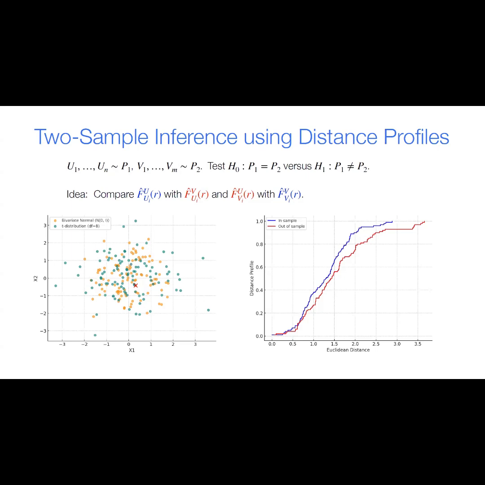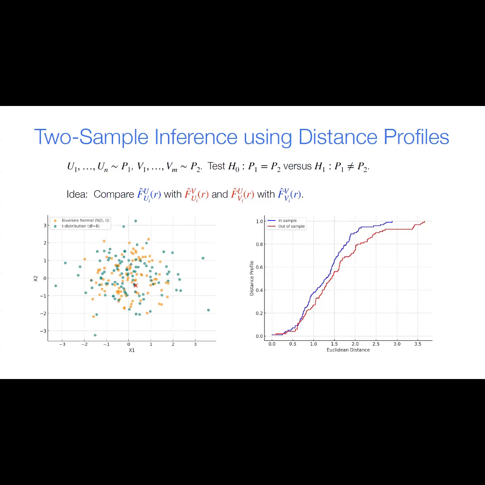So the blue curve here is its distance profile with respect to only the orange points, because the highlighted point is in the orange group. And the out-of-sample distance profile is its distance profile with respect to the blue points. And you can see that for this one single point, these are two very distinct curves. And you can get these two distinct curves for every data point in your sample.